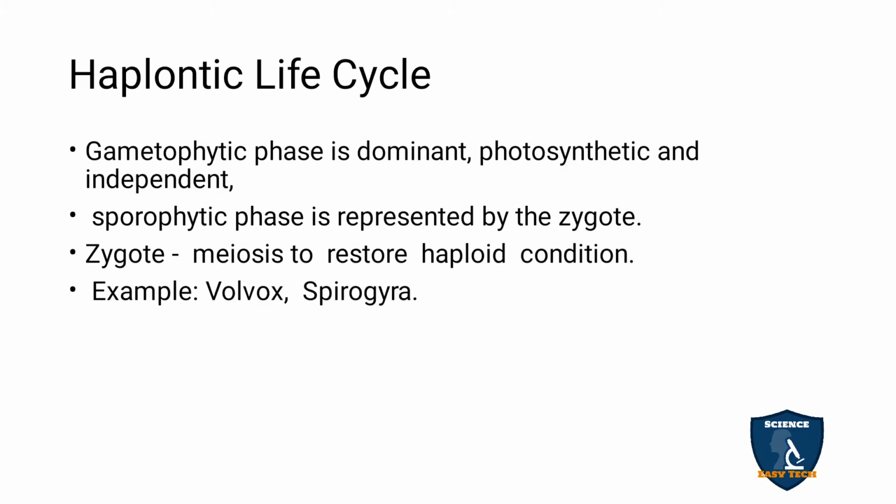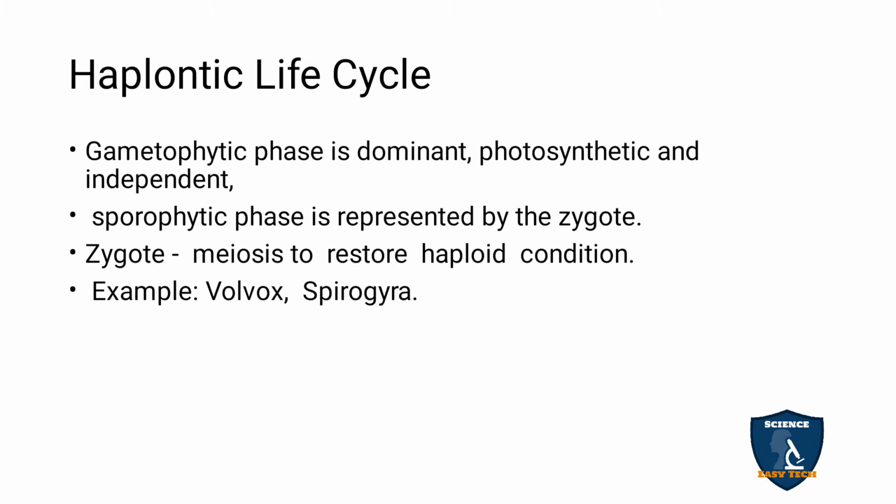The alternation of generation is divided into three life cycles. That is, the life cycle is of three types. Haplontic life cycle: the gametophytic phase is dominant, photosynthetic and independent. But the sporophytic phase is represented by the zygote.